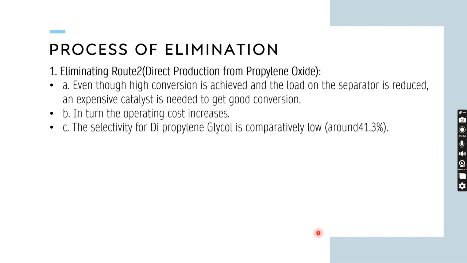And see, one thing you should always remember about selectivity versus conversion. If the selectivity is not high for the desired product, what will happen? For each run through a reactor, you will get a lot of byproduct which you can't convert back to the desired product.